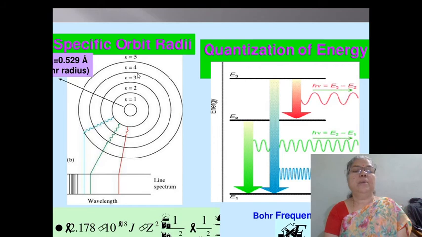Bohr's atomic model explains the atomic spectrum well for a one-electron system, but it fails to explain multi-electron systems.